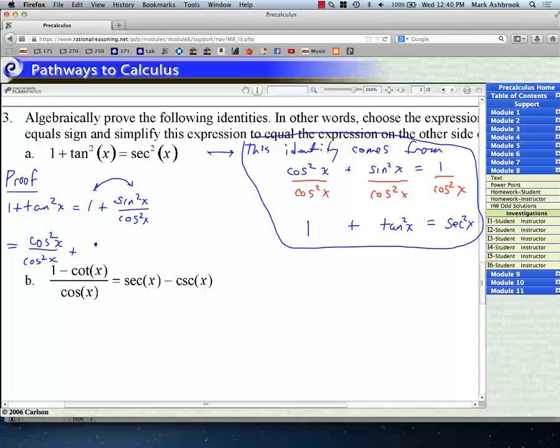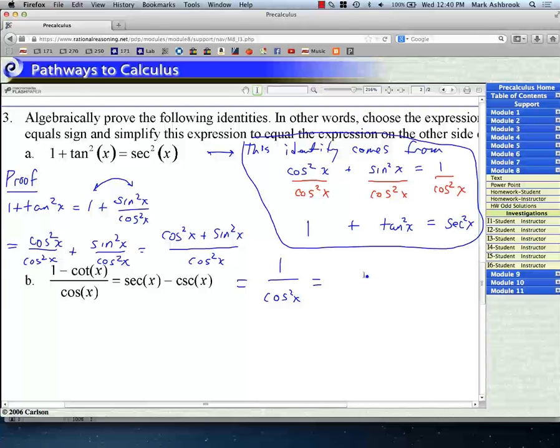So then plus, now we can add, and we get what now? We should recognize this by now. Numerator is... 1 over cosine squared is the same as? Done.